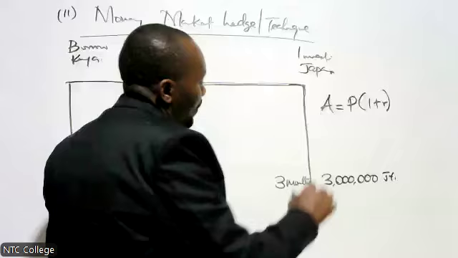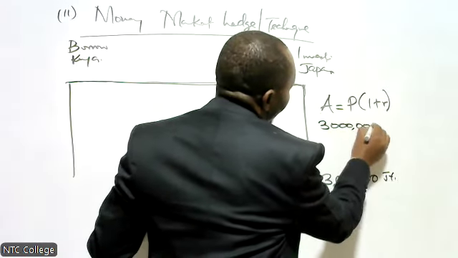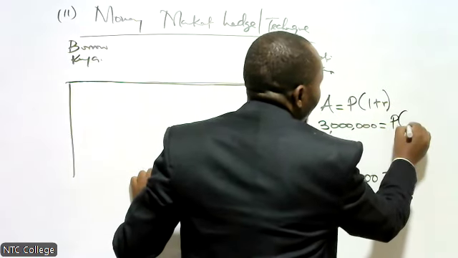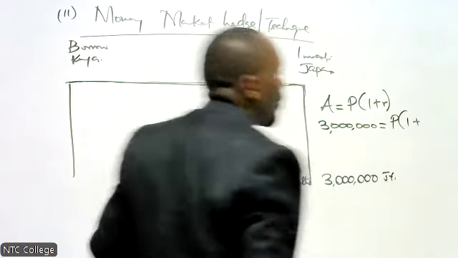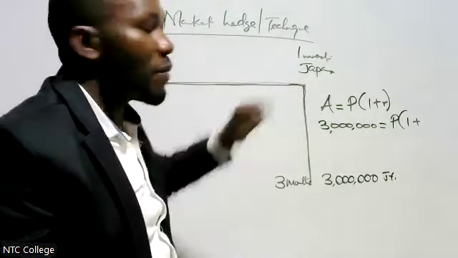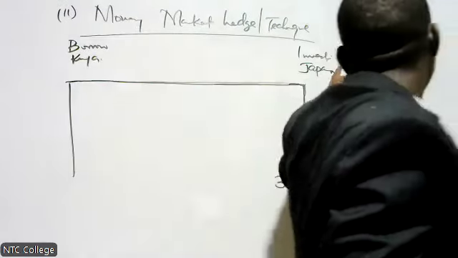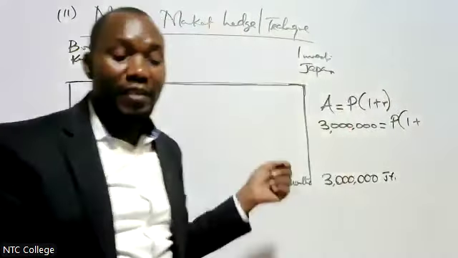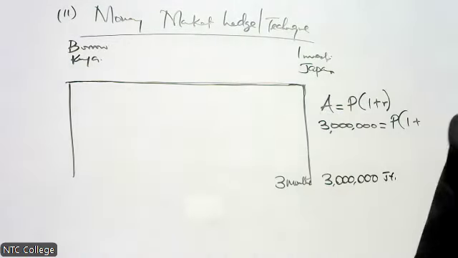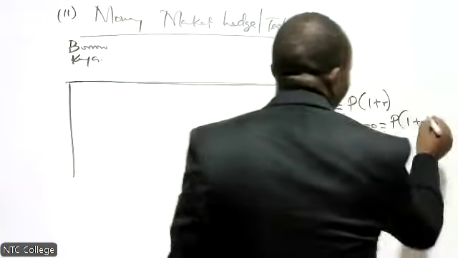So you say 3 million is the amount that we require in 3 months' time, should be equal to principal that we don't know into 1 plus, what is the rate we are investing? What investment rate have you been given in Japan? We are investing in Japan, and that is why the examiner has given you the investment rate. So what is the investment rate? 3%.